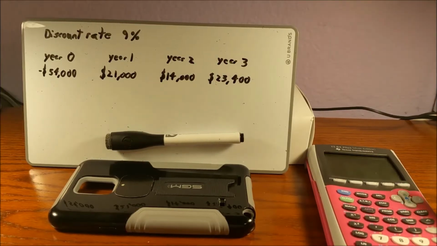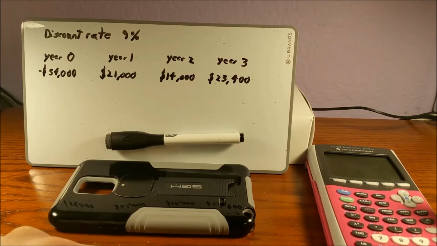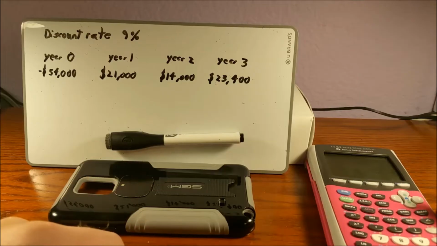First thing we need to know is we don't care about this in the context of the formula on the calculator. That will come into play later on when we're deciding whether to take a project, but for the calculations it's not there.